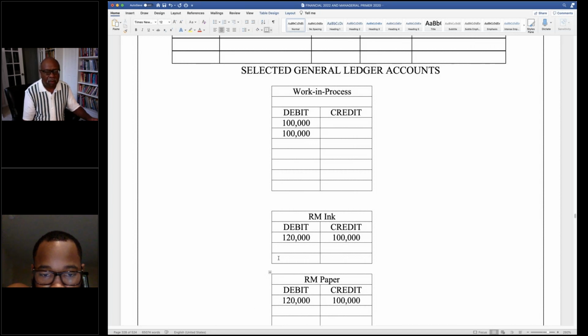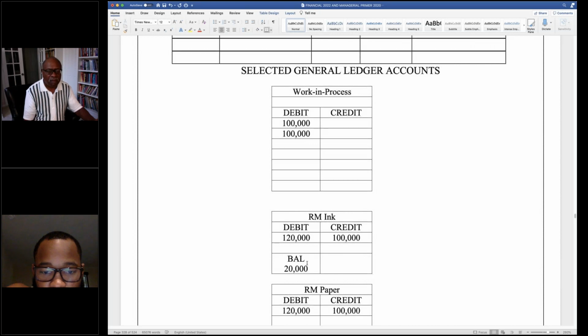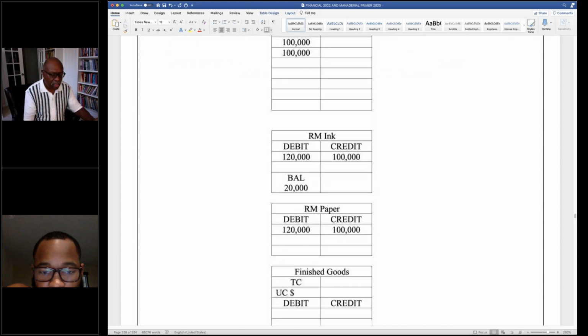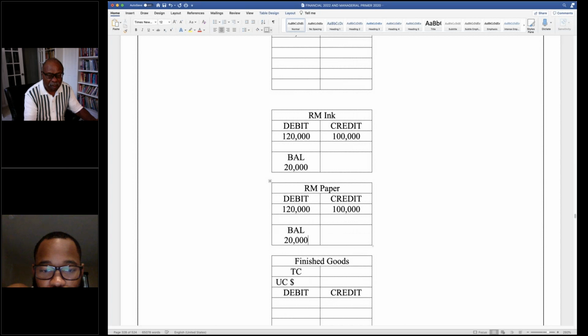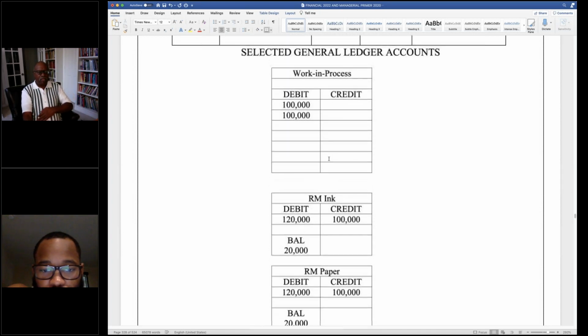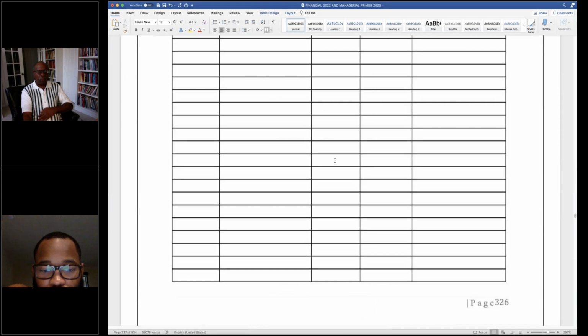The balance in ink at this point is going to be 20,000, and the balance in paper is also going to be 20,000. So we just posted these selected accounts.